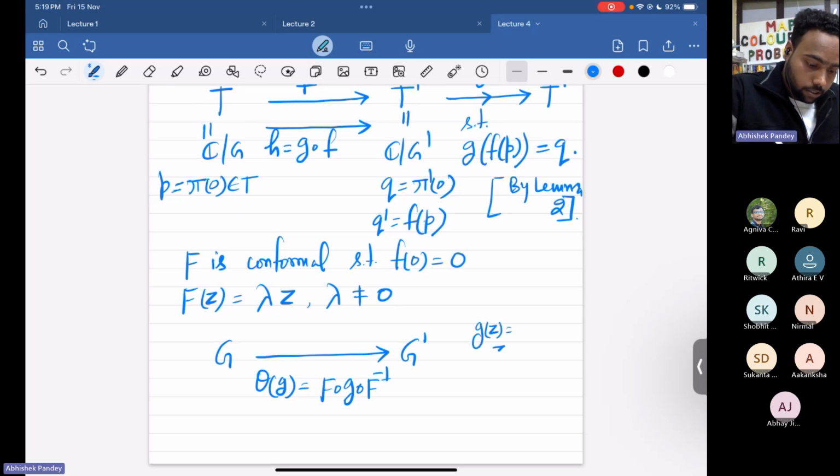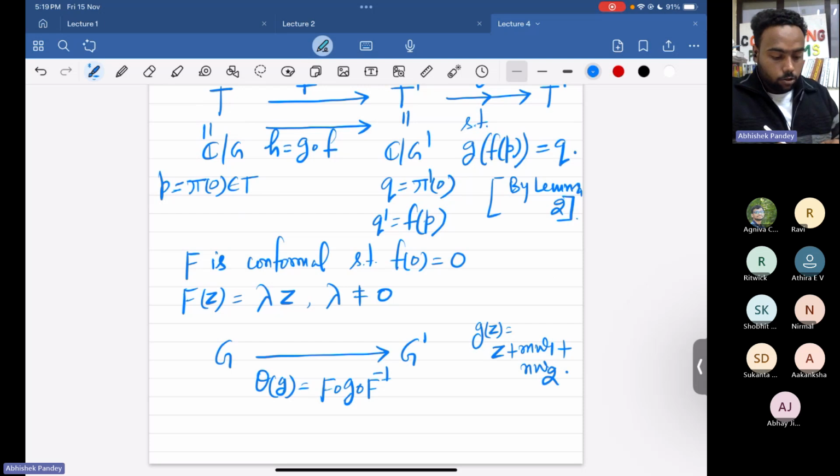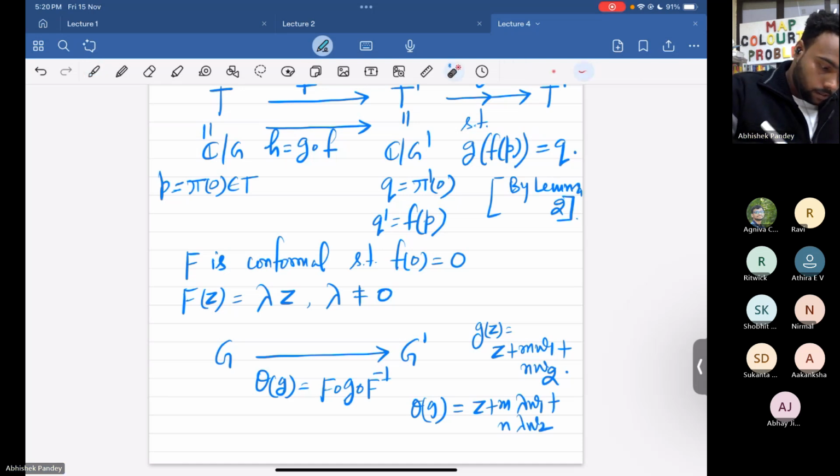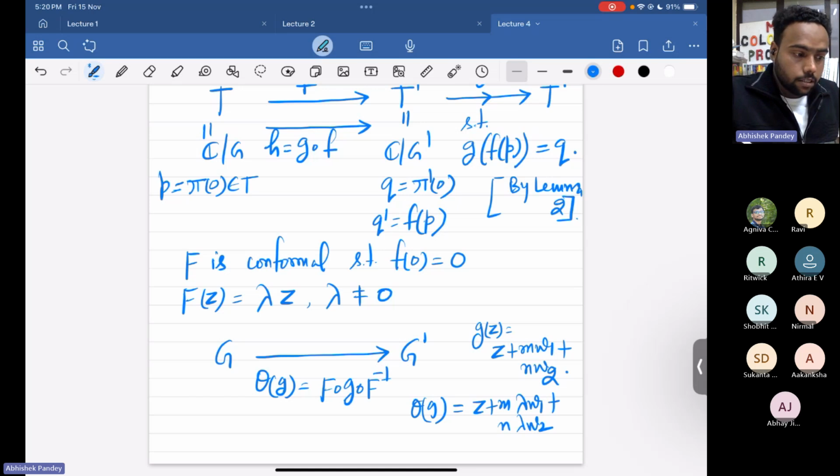G of z is nothing but z plus m W1 plus n W2. So what would be theta of G? Theta of G will be nothing but z plus m into lambda W1 plus n into lambda W2, which belongs to G dash. Is it clear?